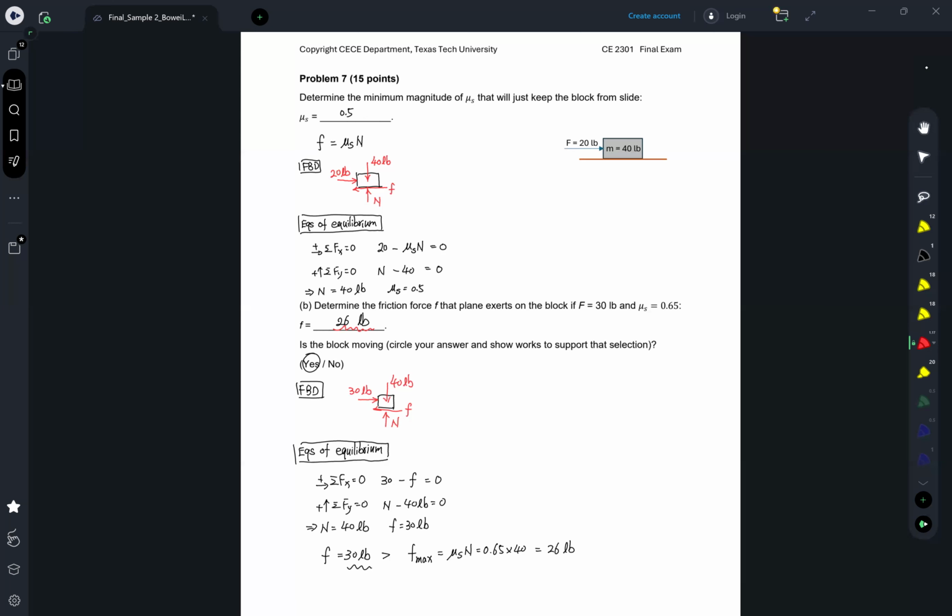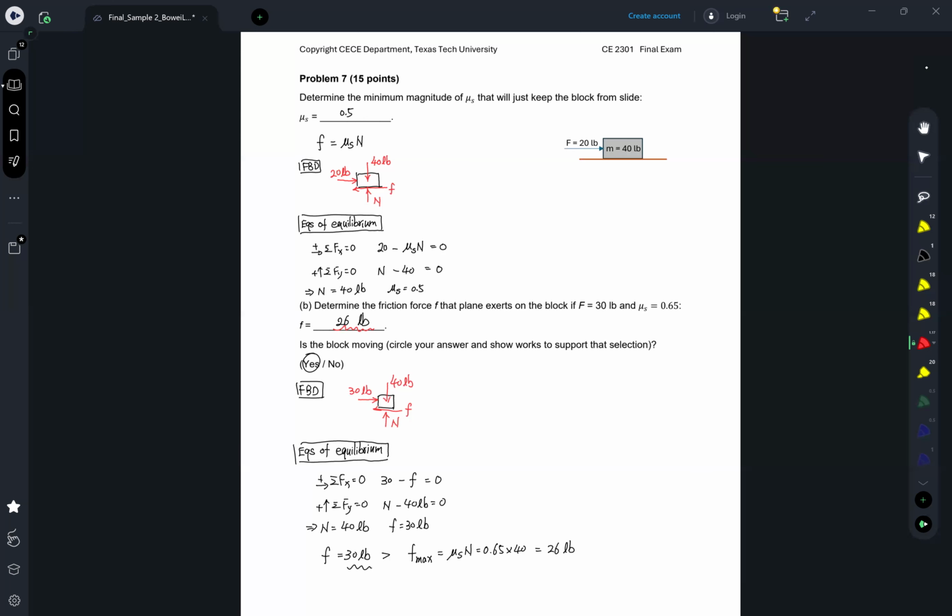The friction determined by the equilibrium is actually the friction that we need to keep the block there. Now we compare the friction that we need to the maximum friction the surface can provide. For this specific problem, the maximum friction that the surface can provide is smaller than the friction that we need.